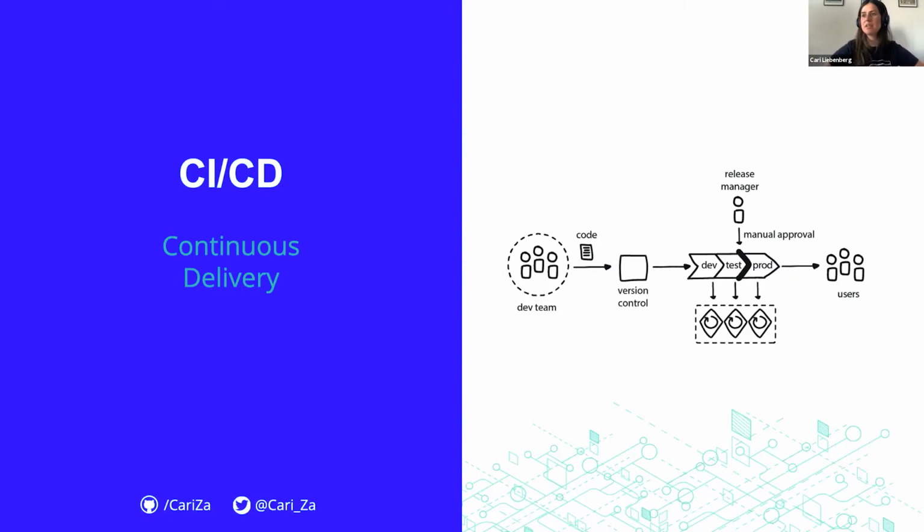I haven't seen many clients yet confident enough to do it all the way to production, but the idea is that if you were inclined to, you could do continuous delivery all the way from test to production and use environment promotion.